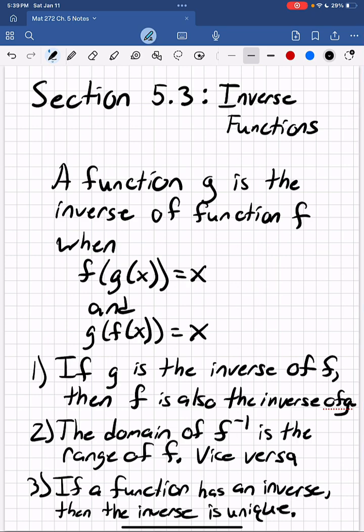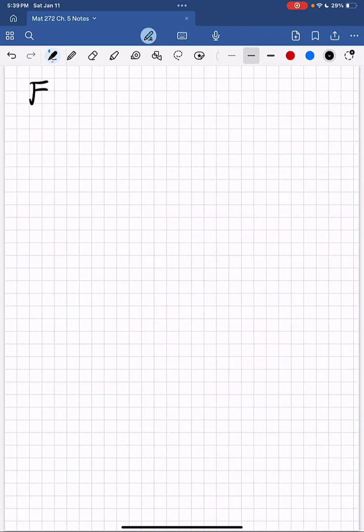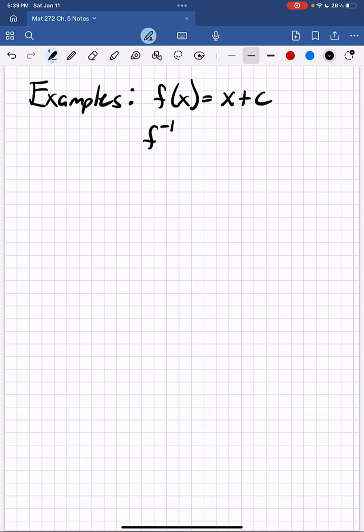All right, so now that we've laid out the definition of what an inverse is, let's look at some simple examples, and these will make sense to you. Say we have a function f of x is x plus c, then the inverse of that function is x minus c.